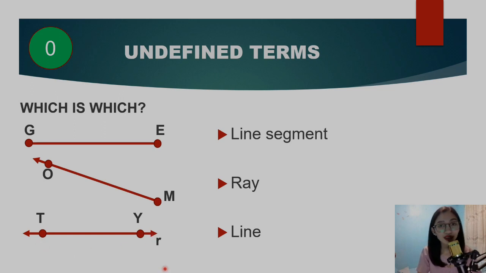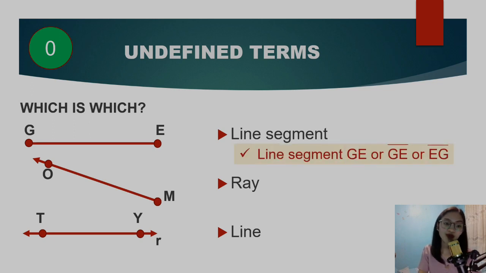And what are the names of these illustrations? So the first one, we have line segment GE or EG. Pwede siyang baliktad. Ano? And we have the symbol line above the two capital letters. The next one is ray MO. We start naming a ray by its endpoint. Ano? Hindi siya pwedeng magkabaliktad. So, we have there the symbol above MO aligned with one arrowhead on it.